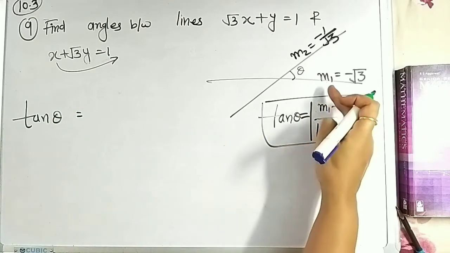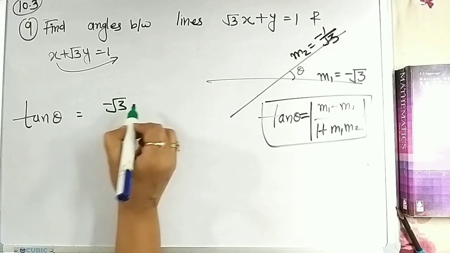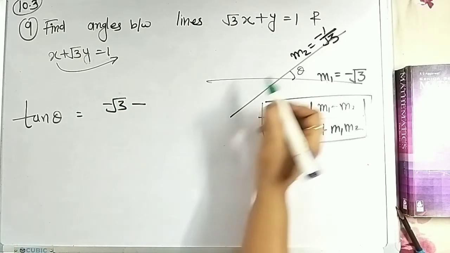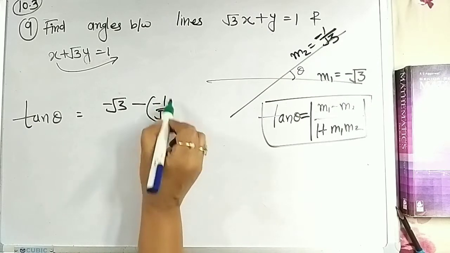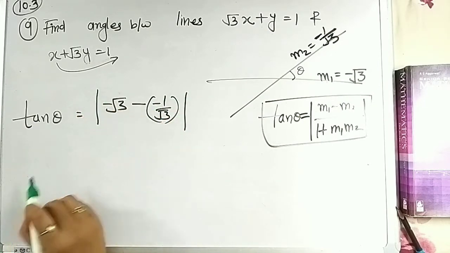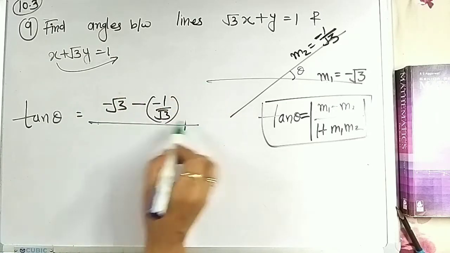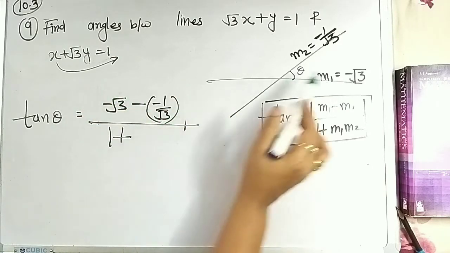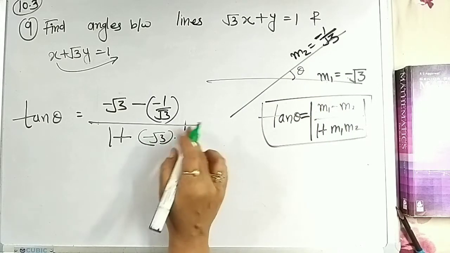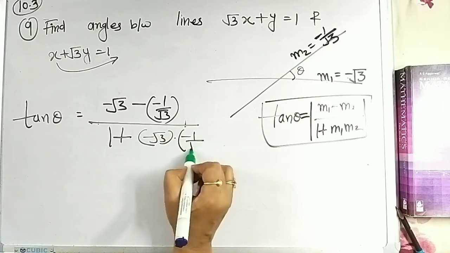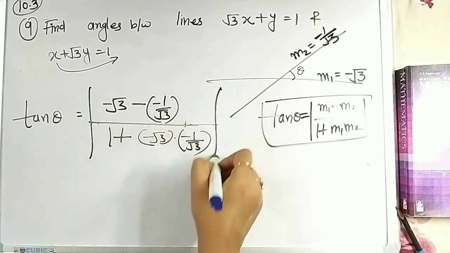tan theta is mod of m1 minus m2 by 1 plus m1 into m2. So m1 is minus root 3 minus of, this is also minus guys, so I will put minus of 1 by root 3, mod of whole thing, by 1 plus minus root 3 into minus of 1 by root 3, and whole mod.